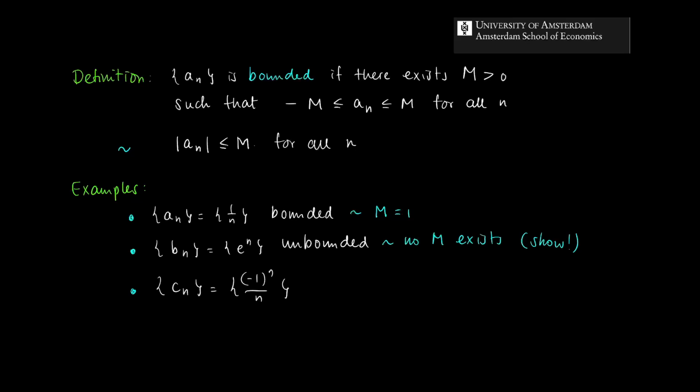If you take the absolute value of c_n, you just get the first sequence, that would be a_n. And a_n is bounded, so c_n is also bounded, since the absolute value of c_n is always smaller or equal than m. So we can take as an upper bound for this sequence m equals 1.